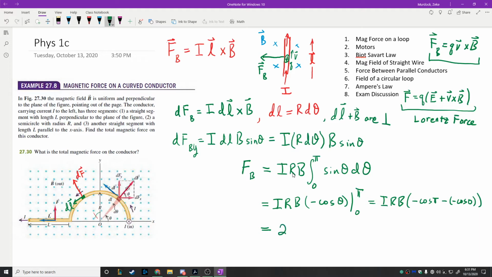I think it's going to be 2IRB. Yeah? Y'all agree?